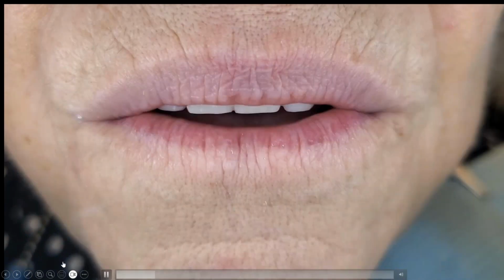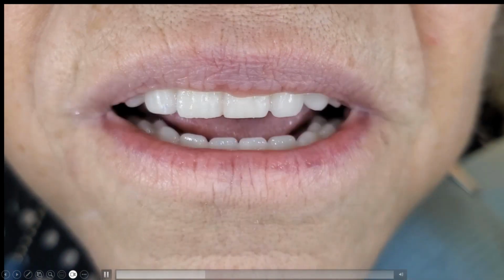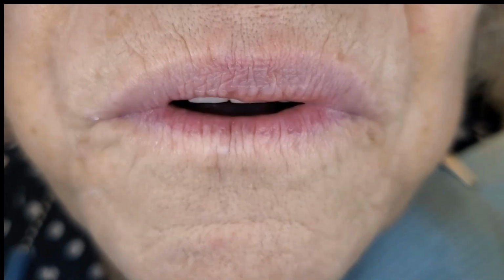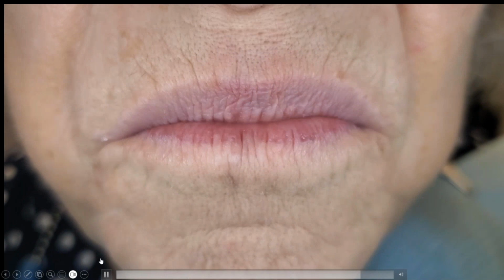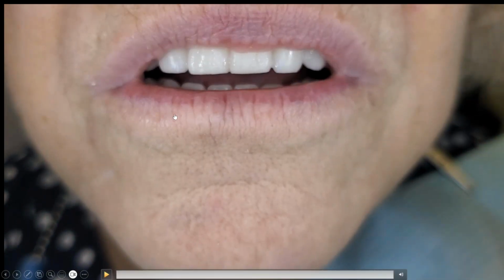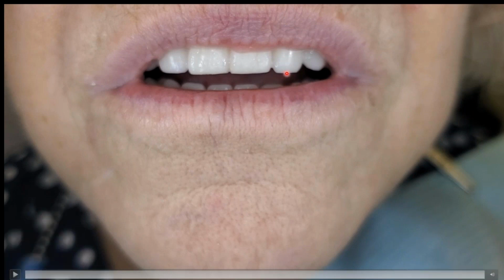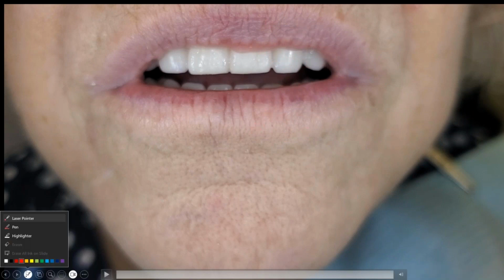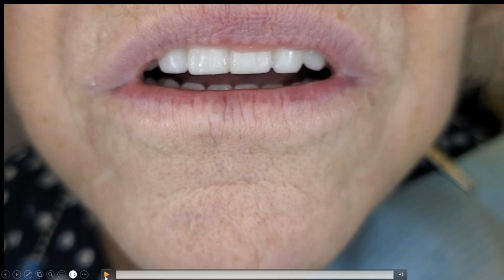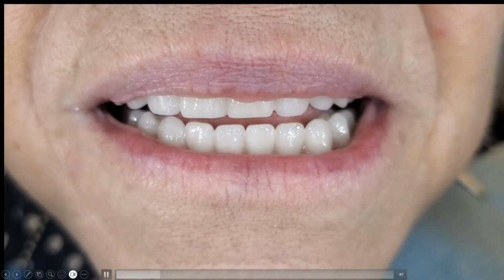And now we're gonna go to the new denture. So now she has new teeth, and I kept spacing on this side, and she has never broken teeth off. So what I did is, if I get rid of my laser pointer and I run the video again, watch right in that lateral area.